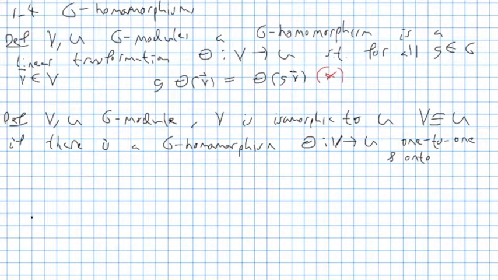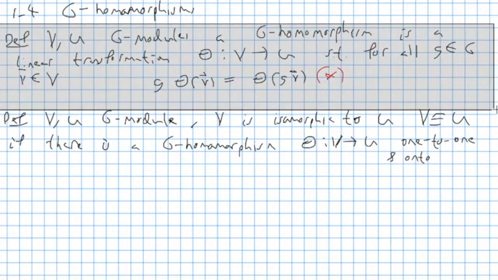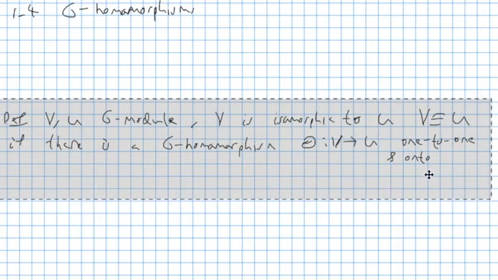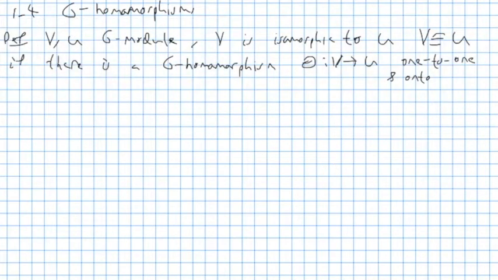Let's look at an example of this, one we left a little bit in the air before. We had seen an example of a left coset representation.